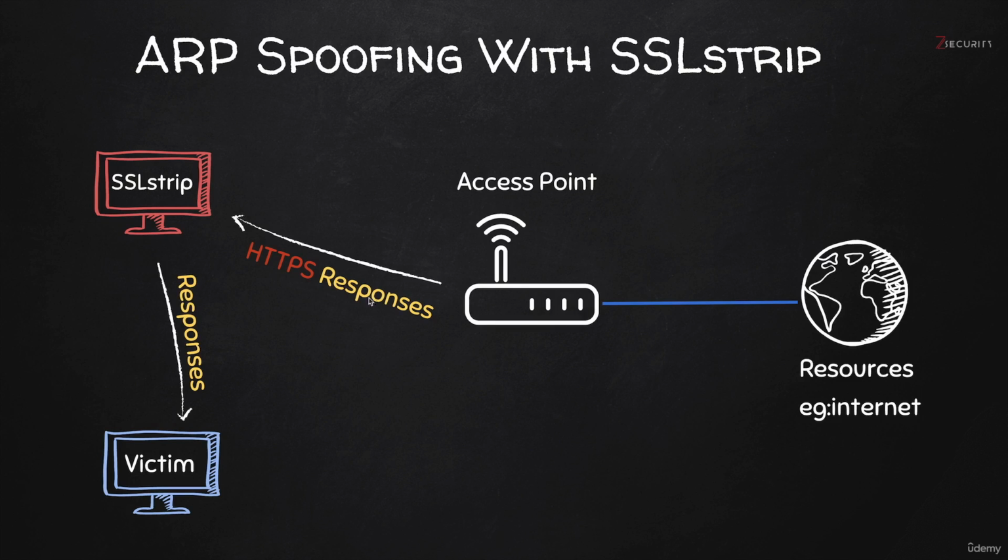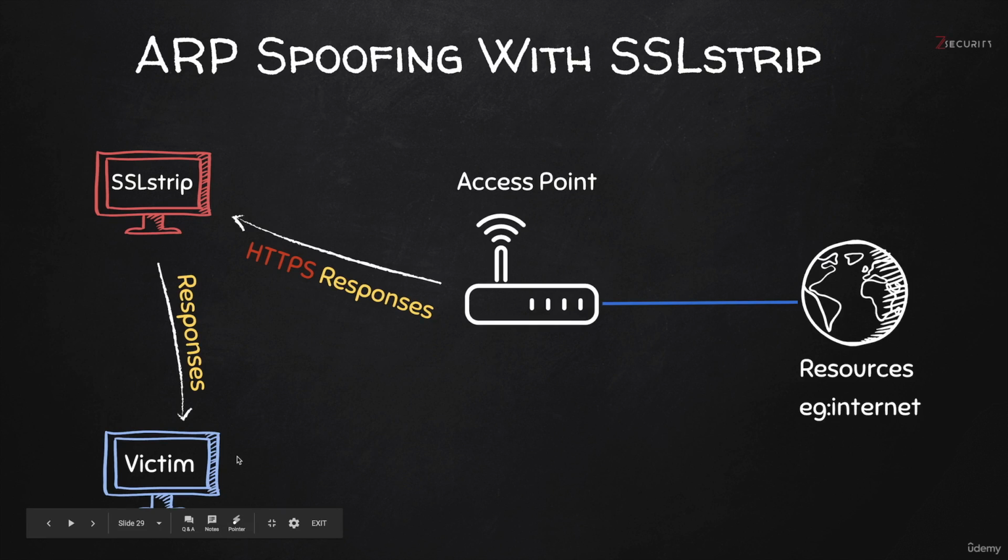So, SSL strip is going to detect that the server is trying to tell the target to communicate over HTTPS, and it's going to remove or strip all the fields and all the data that's basically saying, let's upgrade this connection to an HTTPS connection. So the response is going to come as an HTTPS response, but SSL strip is going to strip that and only forward the parts that look like a normal HTTP response to the victim.